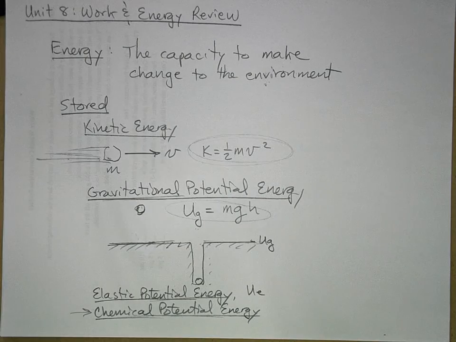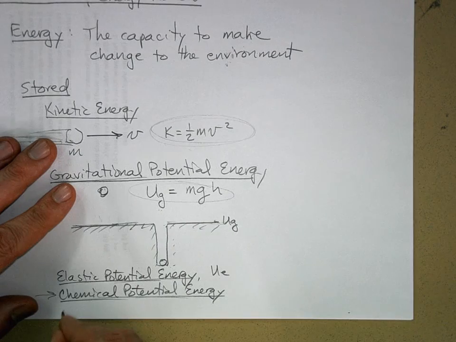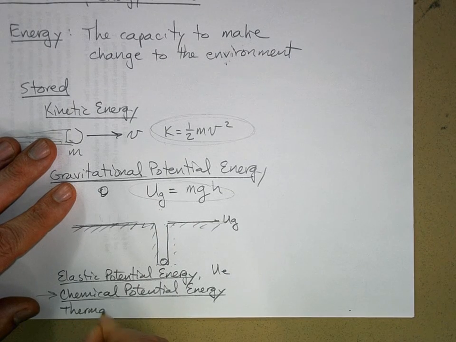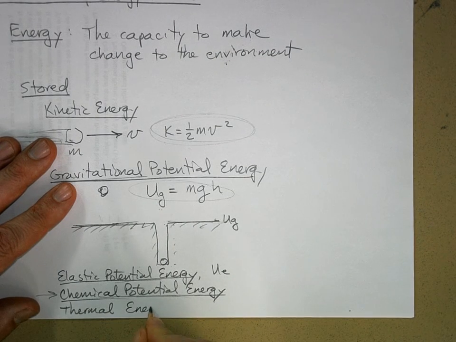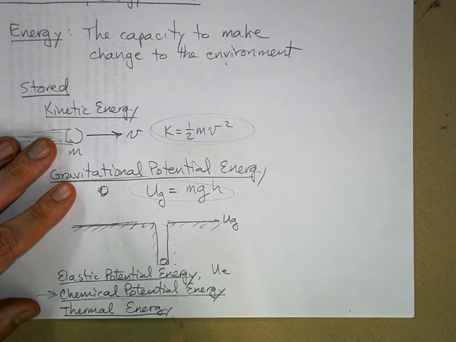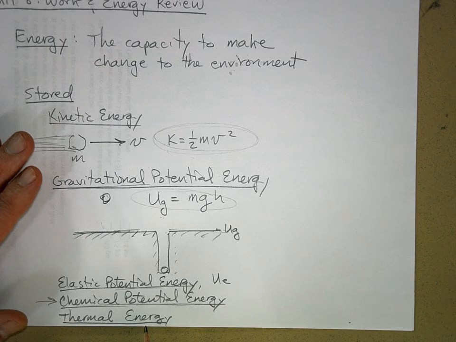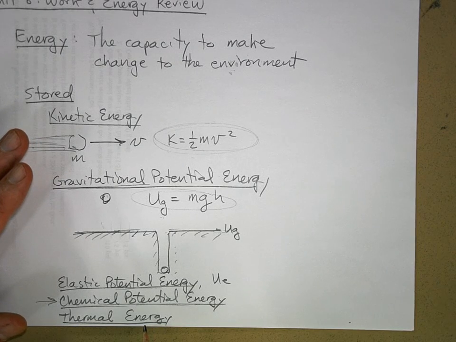Now if atoms are flinging off, if they're all moving in random directions, we call that, I can squeeze it in here, thermal energy. And this is energy stored in the random motion of molecules.